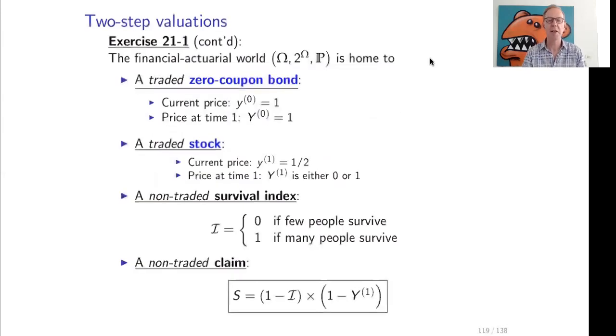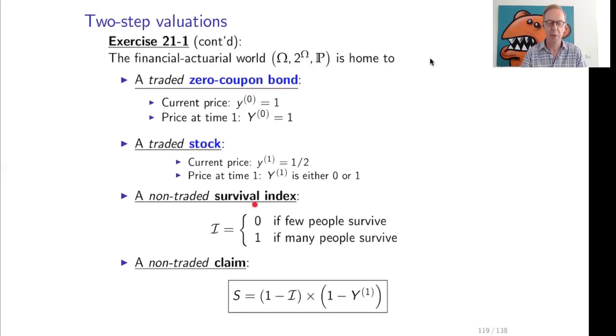Then, in this financial actuarial world, there are two traded assets, a traded zero coupon bond and a traded stock. The current price of the zero coupon bond is 1, and its price at time 1 is also equal to 1. So the risk-free interest rate is 0. There is also a traded stock with current price 1 over 2 and with price at time 1, Y1, which is 0 or 1.